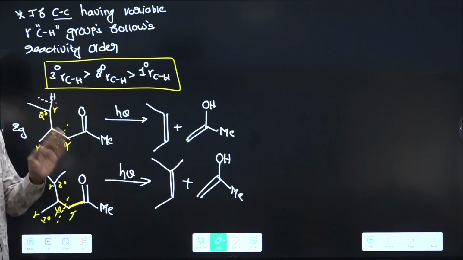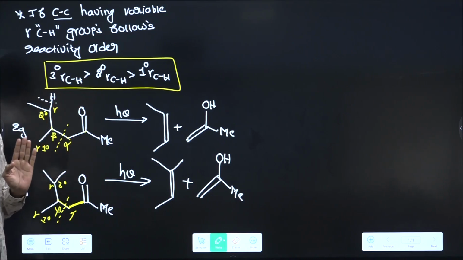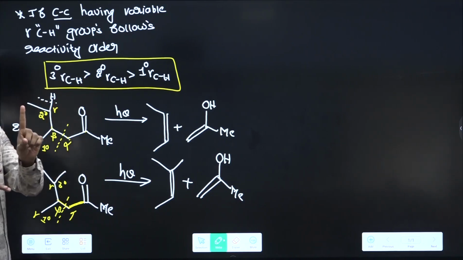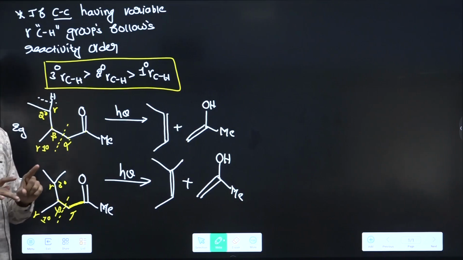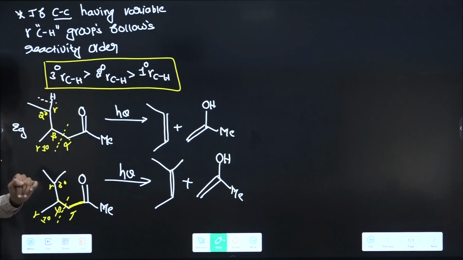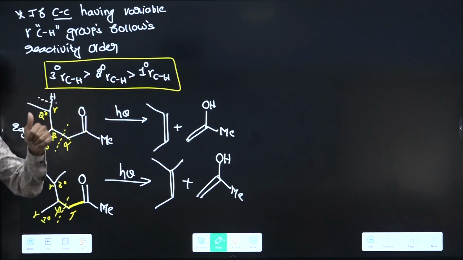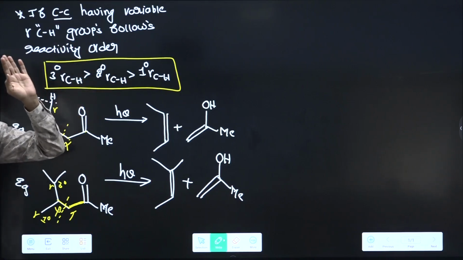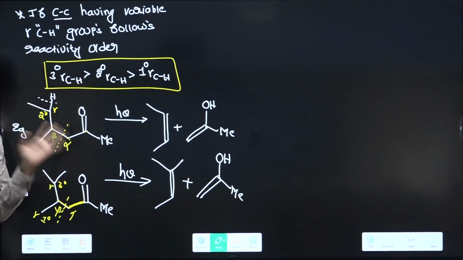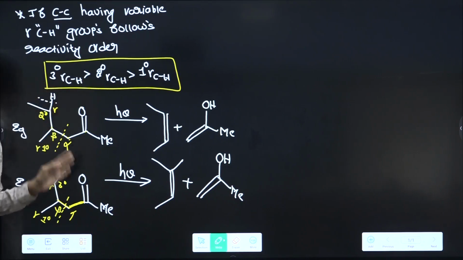In your exam you will confuse them. Norrish 1 means we are breaking the first bond. Norrish 2 means we are breaking the second bond. That's why the names are given as 1 and 2. If anybody asks in an interview, they will ask like this only: what is Norrish 1? Don't define completely; breaking the first bond in a carbonyl compound is called Norrish 1. He can understand, he won't ask any question. Norrish 2 means we are breaking the second bond.